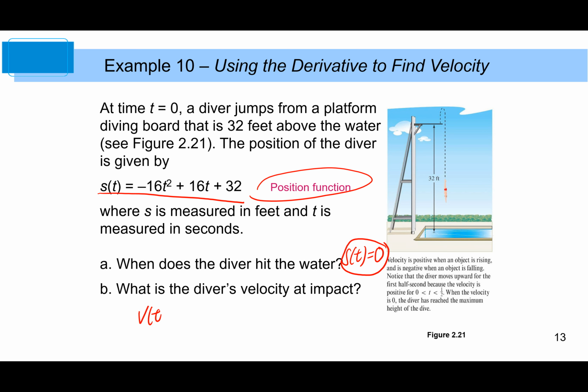The velocity function equals the derivative of the position function, which is -32t plus 16. Once you find the time t in seconds, you'll be able to find the velocity when the diver hits the water.